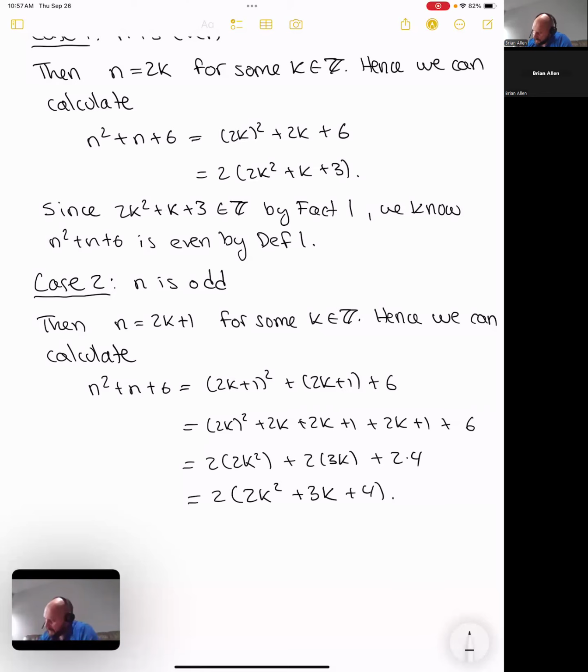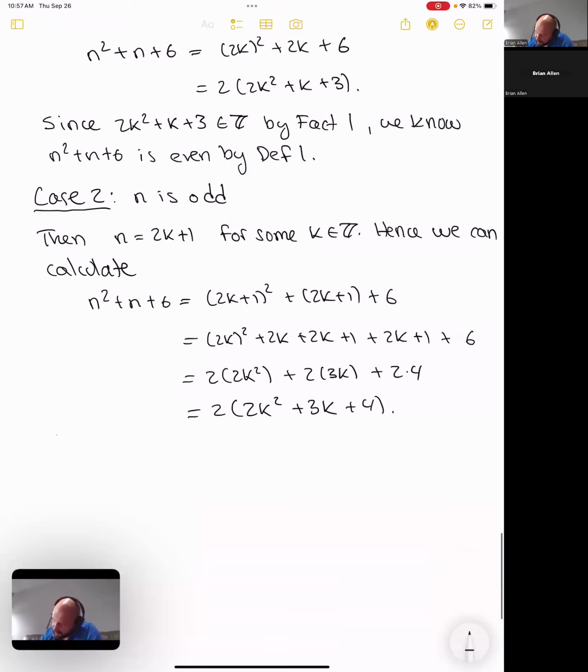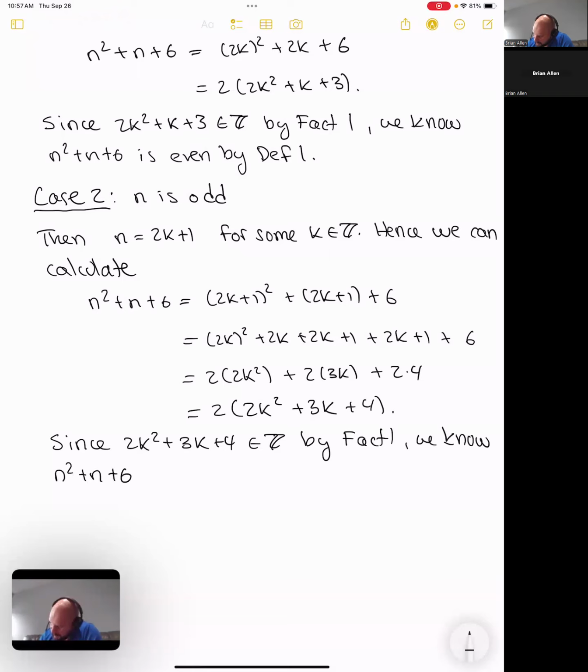So we're happy. And now we just point out to the reader that since 2k squared plus 3k plus 4 is an integer by fact 1, we know n squared plus n plus 6 is even by definition 1.